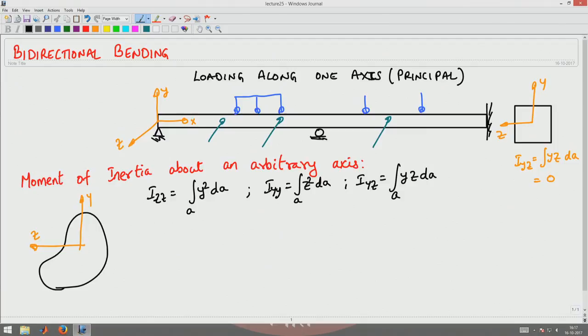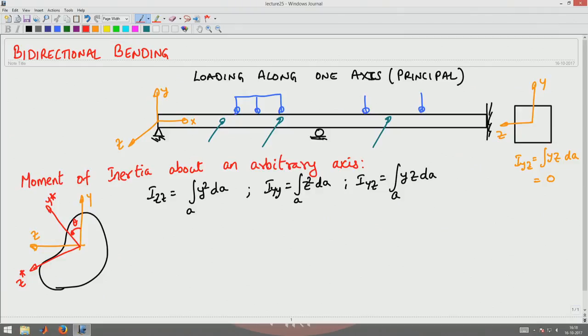Okay. Now, as usual, like what we did for the stress component and strain component, this moment of inertia is about an axis or in a particular direction, but two of us need not agree on this orientation of the axis. So, let us ask the question, what happens if someone comes and rotates this axis in the anticlockwise sense to y star and z star, where this angle is theta. Okay.